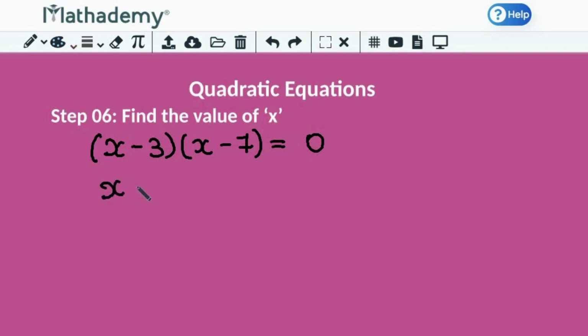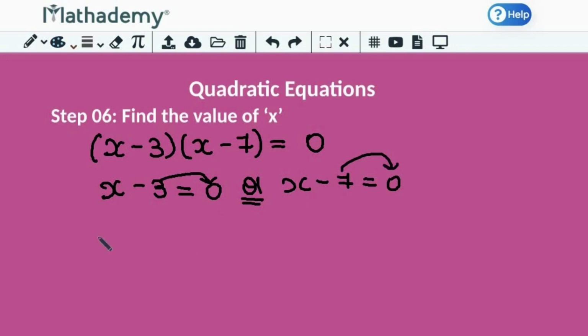So this becomes x minus 3 equals to 0 or x minus 7 equals to 0. In place of this or, you can also use and. Cool. Now I'll transpose these numbers to find the values of x. So my x becomes equal to 3 or x becomes equal to 7.